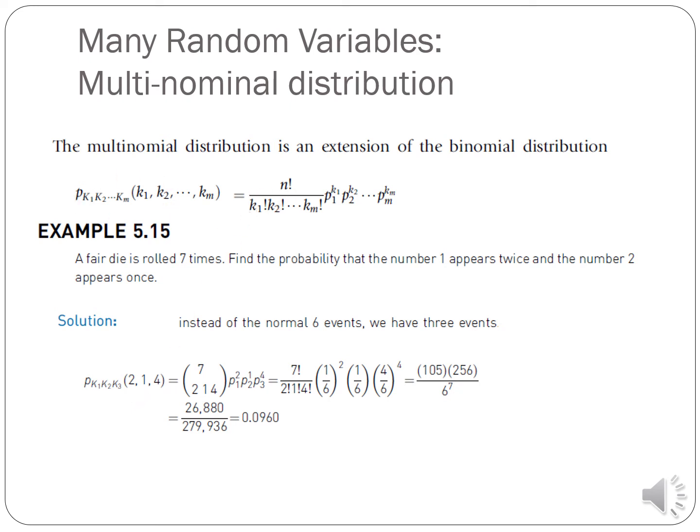For event number 1, k1 is equal to 2. For event number 2, k2 is equal to 1, and for the rest, where do we get this 4? This 4 comes from 7 minus 2 minus 1, which is equal to 4. So this is the formula.